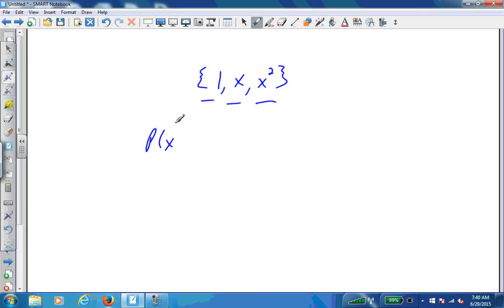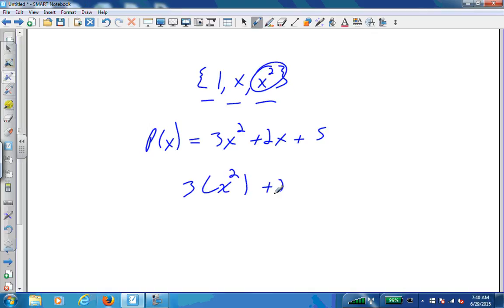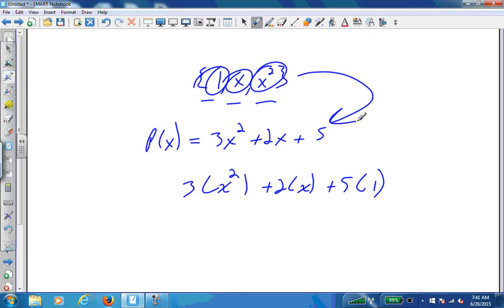For example, if we want to list the polynomial 3x squared plus 2x plus 5, then we would take 3 of the x squared vectors, 2 of the x vectors, 5 of the 1 vectors. Again, this is the standard spanning set, but it's not the only set that could be used to span all second degree polynomials or lower.